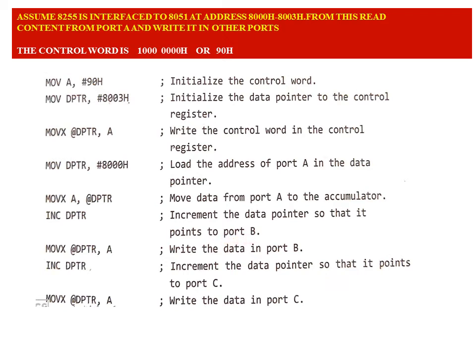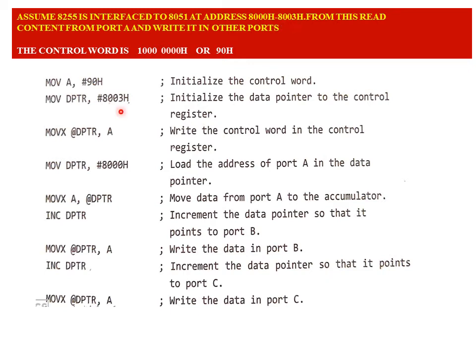Observe here the port addresses are given 8000H to 8003H: port A is stored in the 8000 location, port B is stored in the 8001 location, port C is stored in the 8002 location, and the control register is stored in the 8003 location.